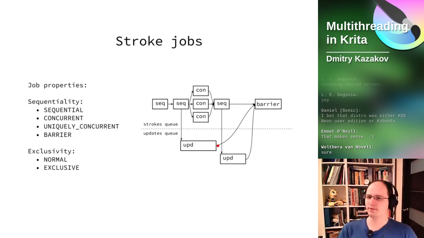Layers may have data which is outside image bounds, to the left or to the right of the image. Before merging, we need to update this area so the final layer would have correct information in hidden areas. So one job starts updates of this hidden area, and then we just add a barrier job which waits for all the updates to complete, and only then executes.